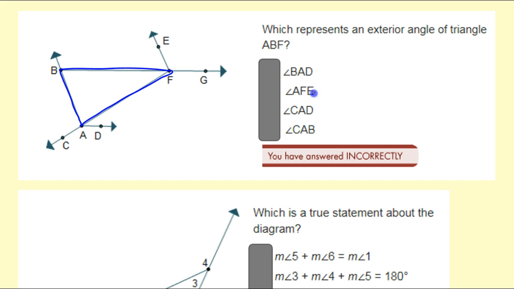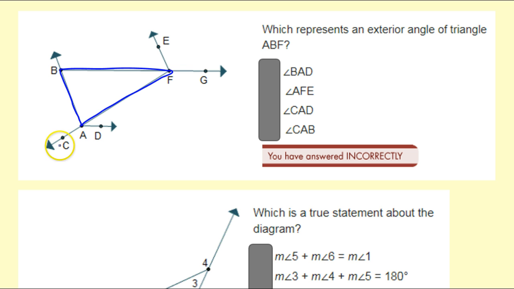What about AFE? Let's see, angle AFE. No. This is not an exterior angle either, because you have to make the angle by just extending one of the sides like this. This would be an exterior angle, but not this. Okay, what about angle CAD?